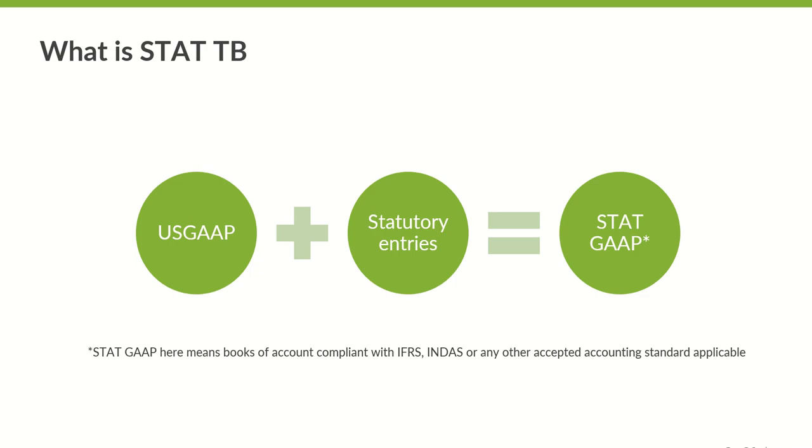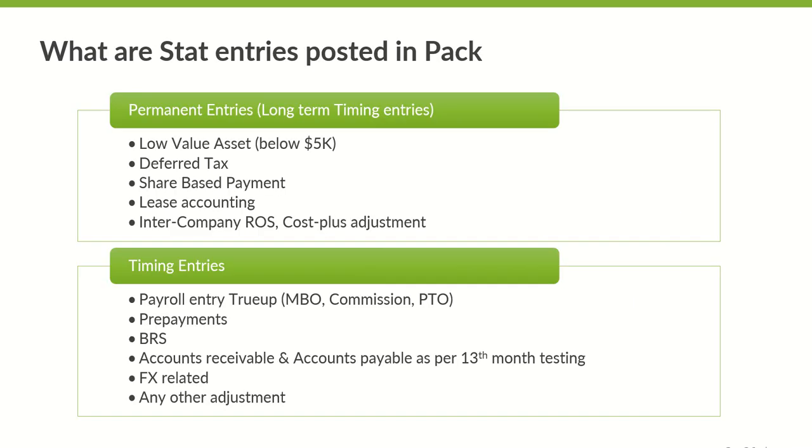Now let's focus on how the statutory entries are made or what they are made up of. Statutory entries can be broken broadly into two types. One is permanent and one is timing. When we say permanent, we mean long-term timing entry because they do not reverse or do not get adjusted in the very next year, or it takes a substantial long period, like low value assets.